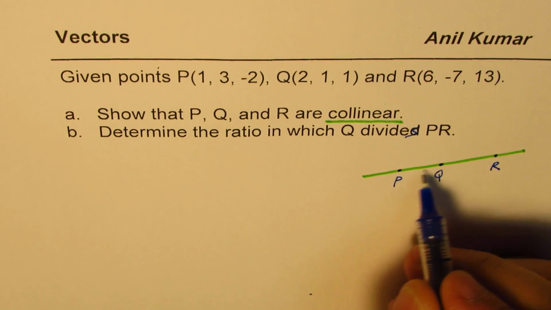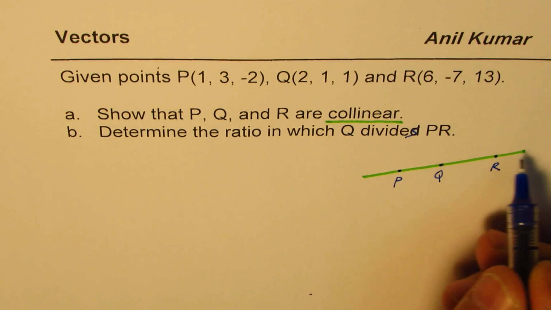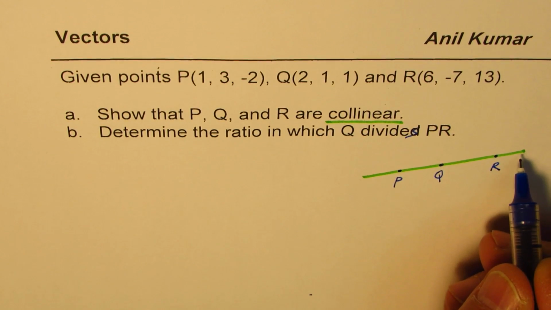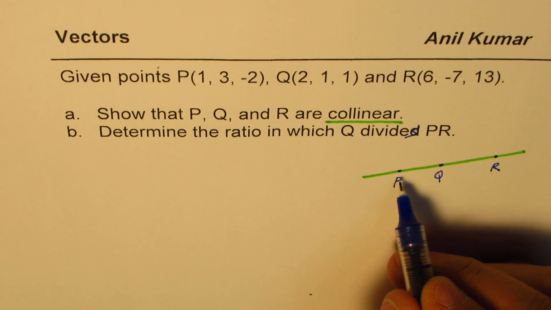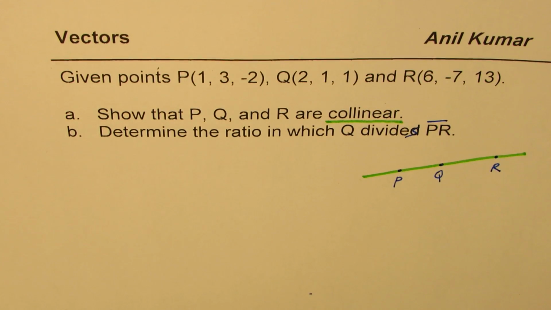So Q is somewhere in between. This is internal division. Q could be outside also, right? There will be external division of the segment PR. So that is kind of a modified question with our understanding.